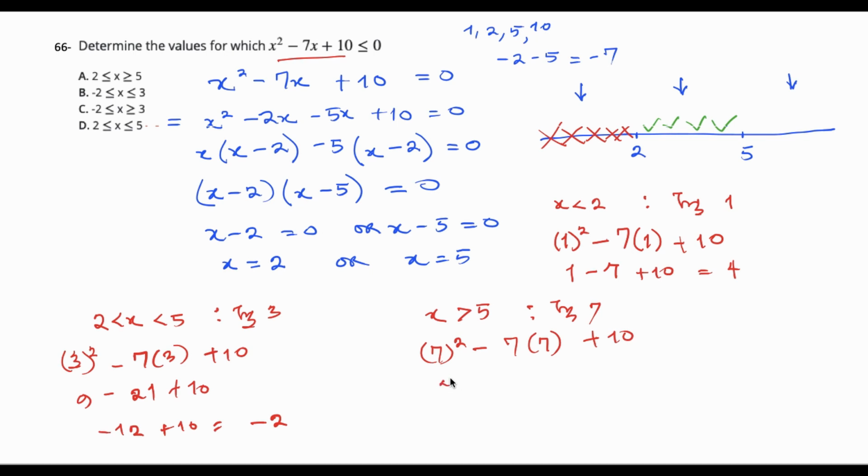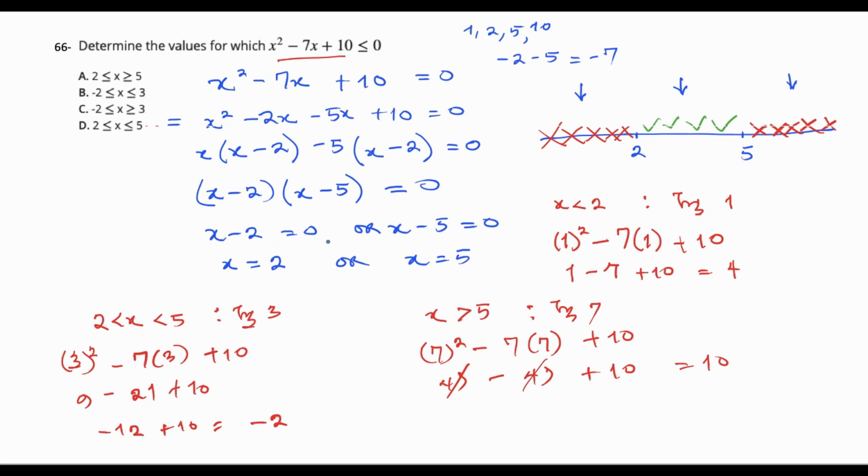So 7 squared is 49. 7 multiplied by 7 is also 49 plus 10. So 49 minus 49 cancels out, and we are left with 10. Obviously, 10 is not less than or equal to 0. So this area as well does not satisfy the inequality. The area that satisfies this inequality is when 2 is less than x and x is less than 5.